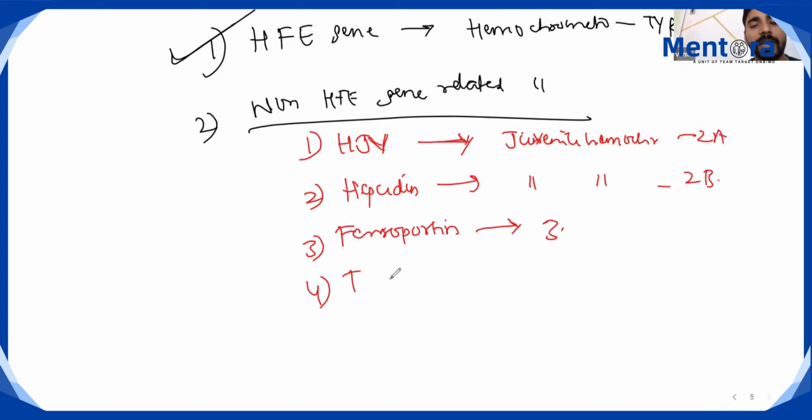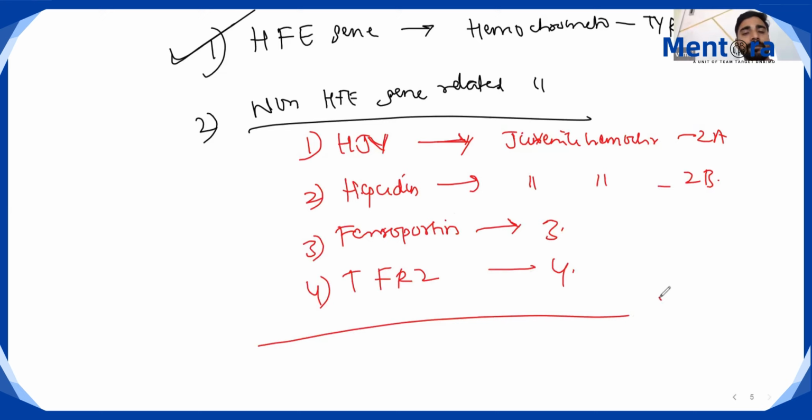Or if there is a mutation in the transferrin receptor 2 protein, that is type 4 hemochromatosis. Clear? Just a small change: ferroportin is type 4 and transferrin receptor 2 is type 3. If this is done, then we can go very easily. I just want to repeat this once.